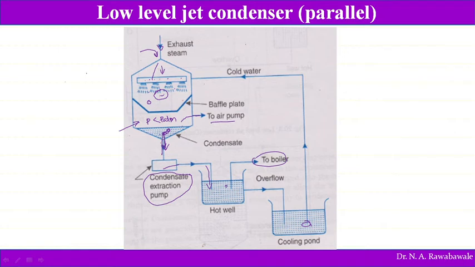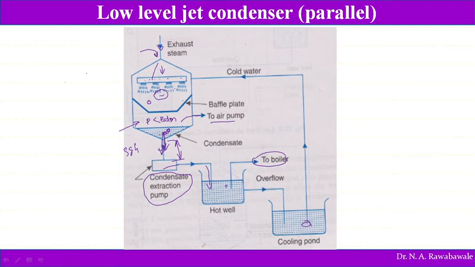In order to remove this condensate from the condenser, we need to apply some pulling or sucking force which will extract the condensate. Therefore it does not come automatically, as this height is very low. Because of the low height, it does not come out with its self weight, or rho g h is not sufficient to overcome the atmospheric pressure.